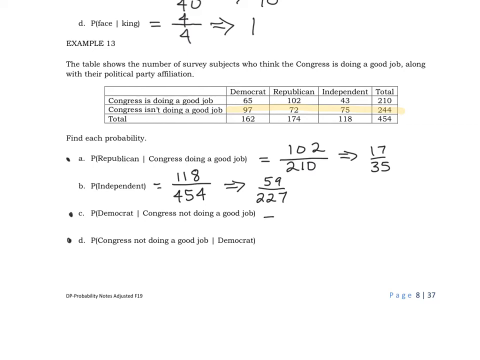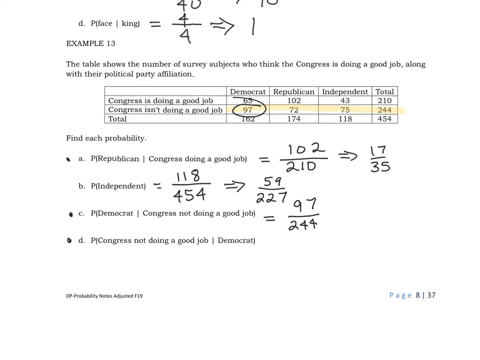So this time it'll be out of 244. So in that category, how many of those respondents were Democrats? 97. And I believe that doesn't reduce. Let me check that again. I don't think it does. All right, yeah, we're good.